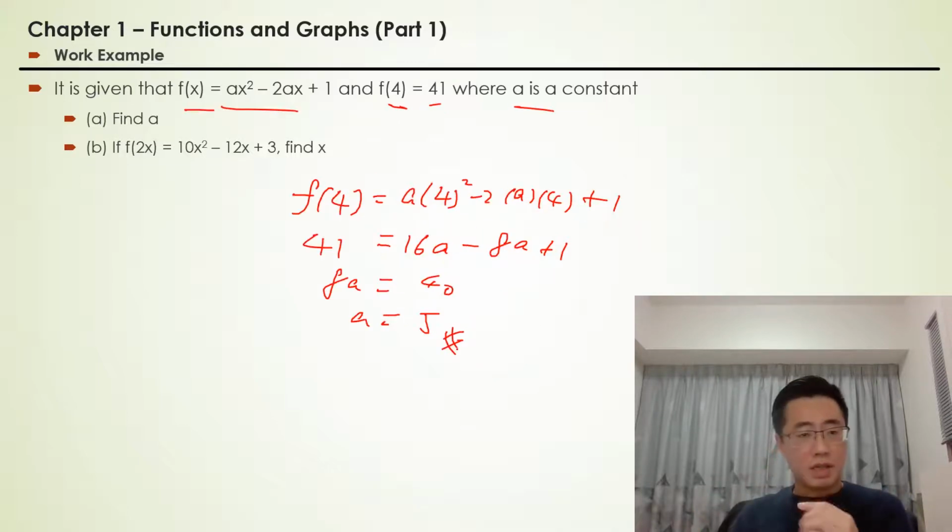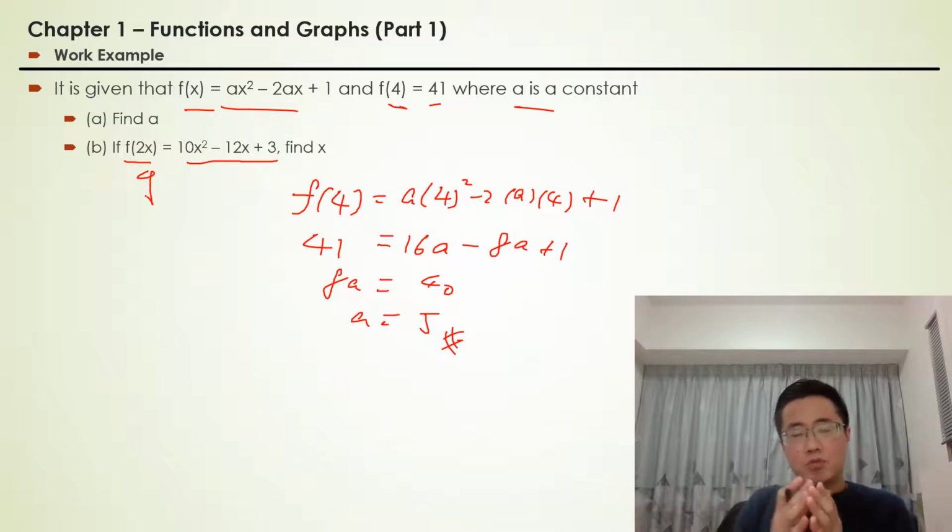But now it comes to part B. Now it gives you the expression f(2x) equals 10x to the power 2 minus 12x plus 3. So we can split this question into two parts. First of all, we want to understand what that means for the first part, which is f(2x).